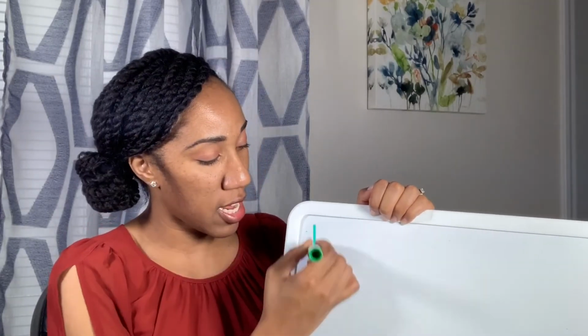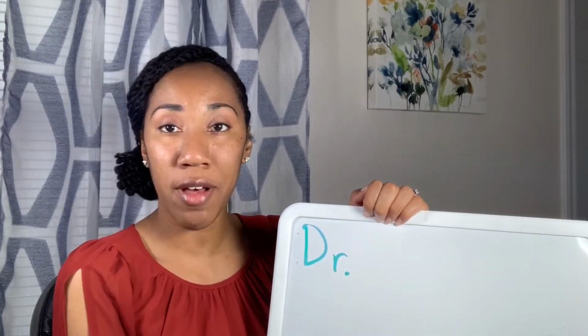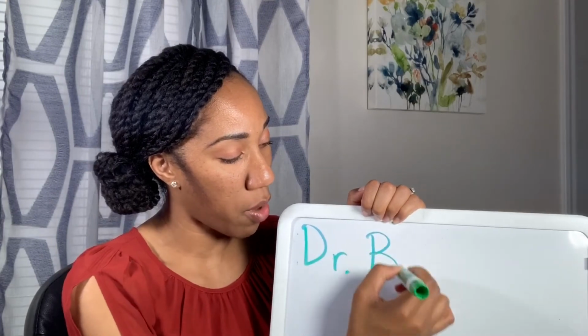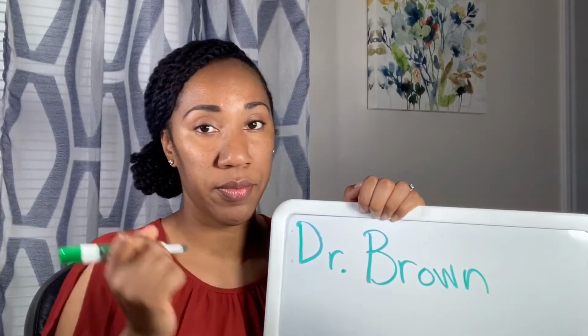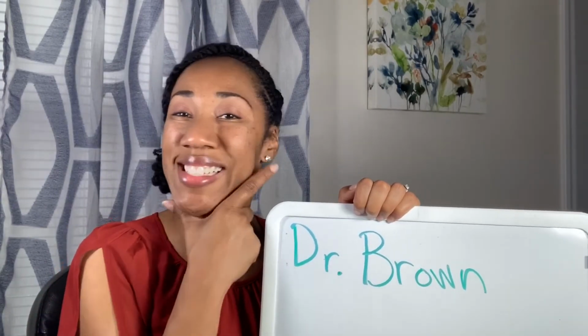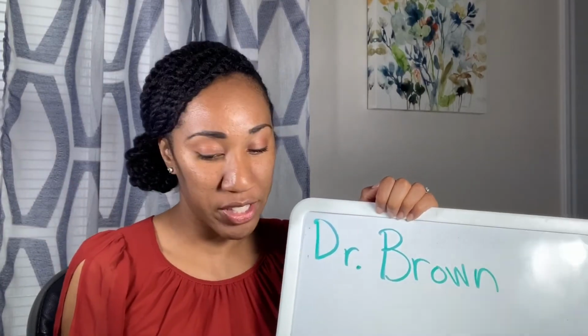The abbreviation for doctor is capital D, R, period. And then Brown, that's my name, so we all probably know how to spell that one. Dr. Brown. If you got that right, put a check under your chin and give a great big grin. If you didn't get it right, just erase and fix it really quickly.